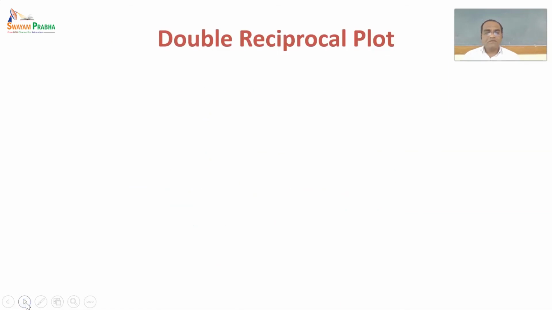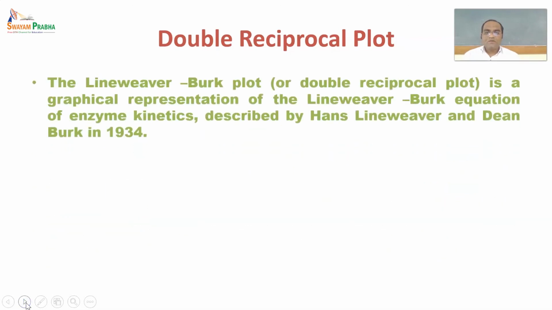Now we'll come towards the next equation, that is the double reciprocal plot. The Lineweaver-Burk plot, also called the double reciprocal plot, is a graphical representation of the Lineweaver-Burk equation of enzyme kinetics, described by Hans Lineweaver and Dean Burk in 1934.